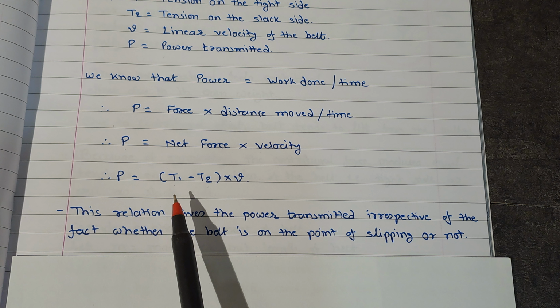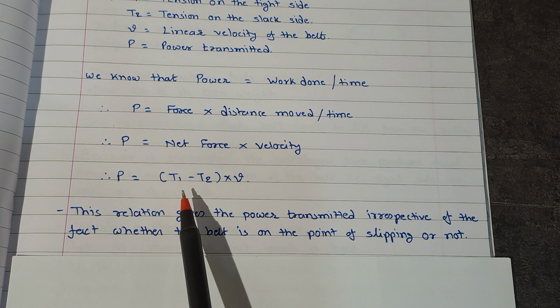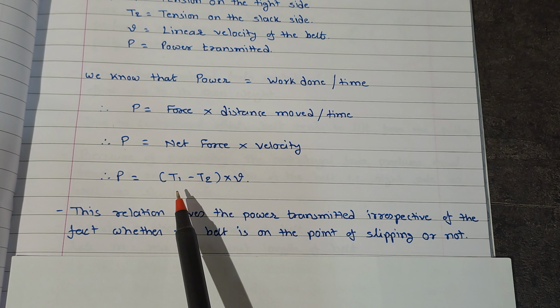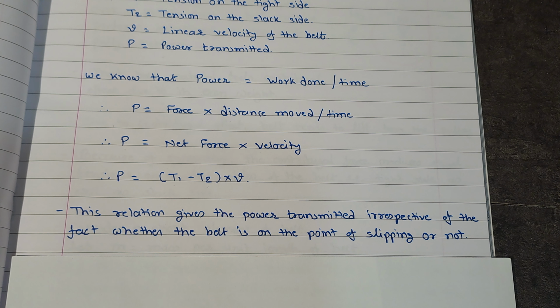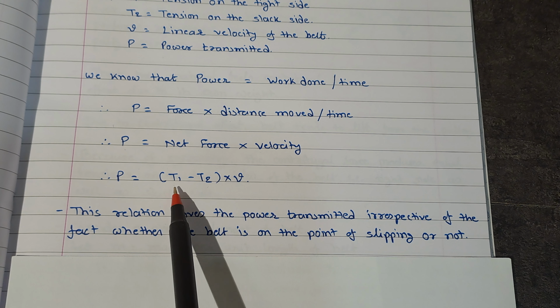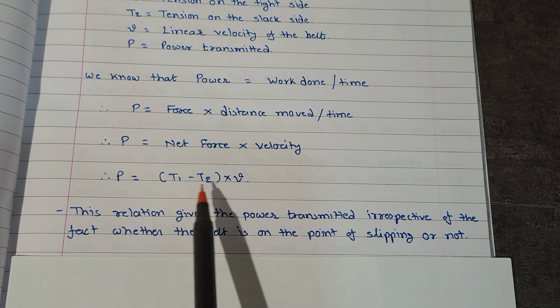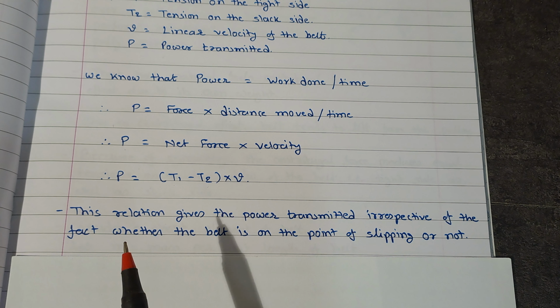Here, the tension induced in the belt while power is transmitted, whether it is at the condition where slip is going to occur or not, doesn't matter, but the difference of the two tensions, tight side tension and slack side tension, multiplied by velocity gives the power transmitted at that particular condition.